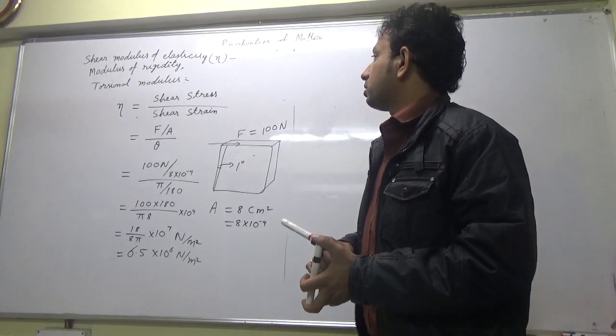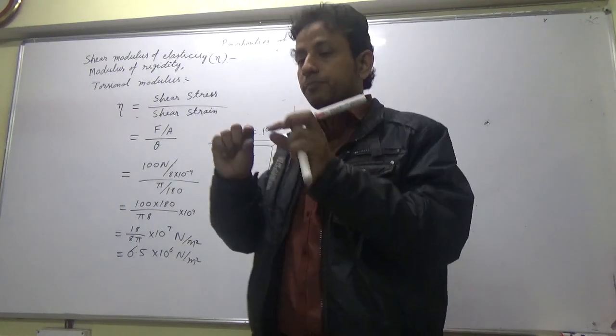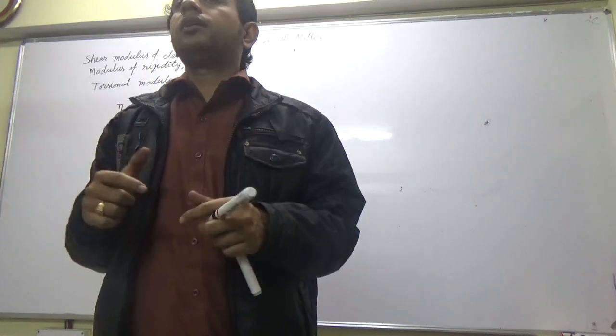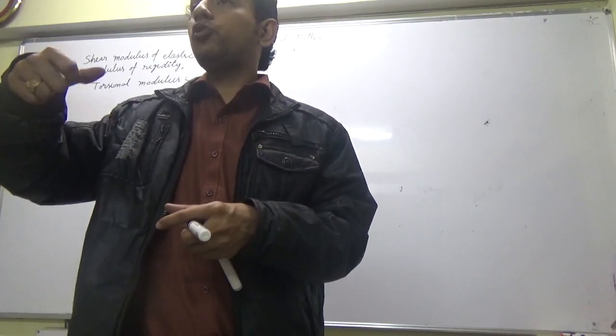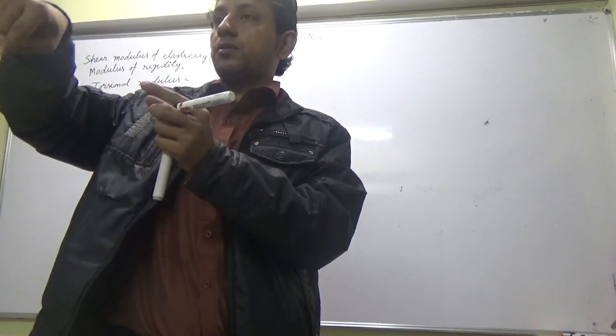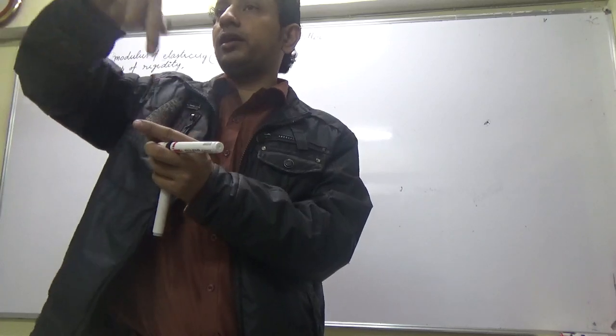Okay. So where is it important, in what cases? Suppose we have a sheet of metal and we want to make a hole by punching it. Then we have to apply force parallel to the area.